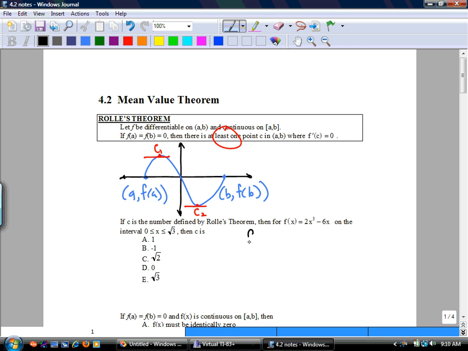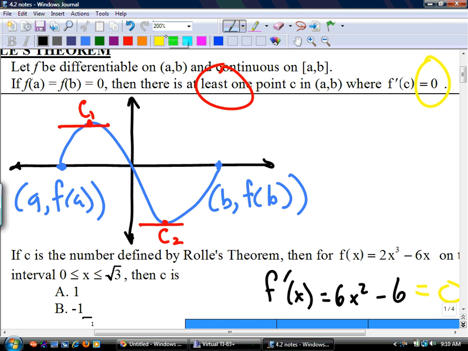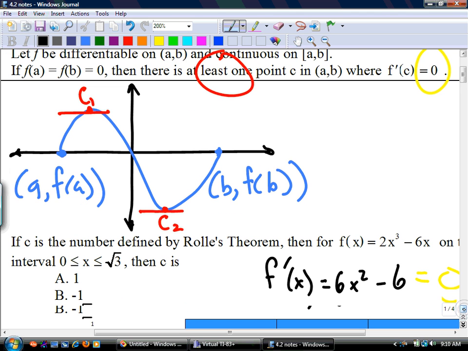So all we need to do is to take the derivative, 6x squared minus 6, make it equal 0, and solve for x.